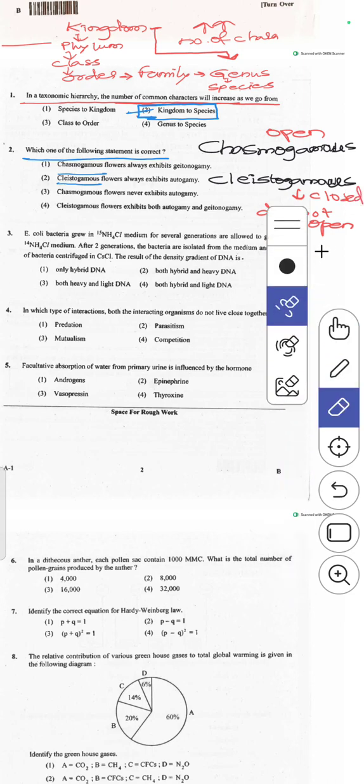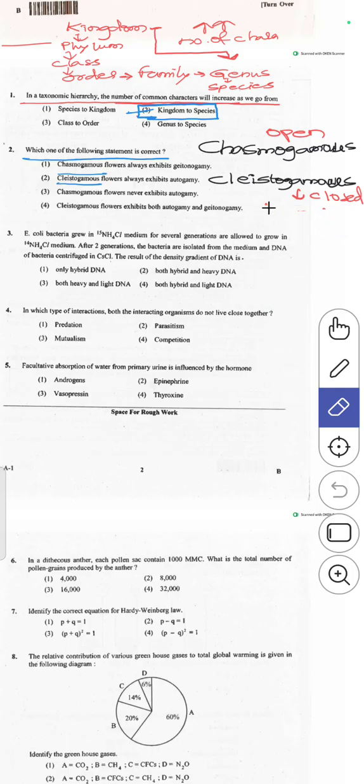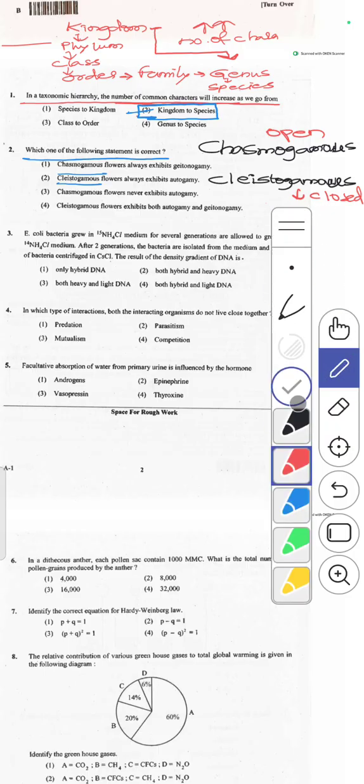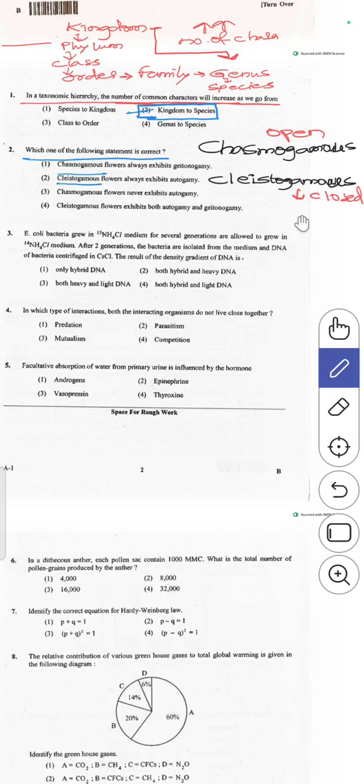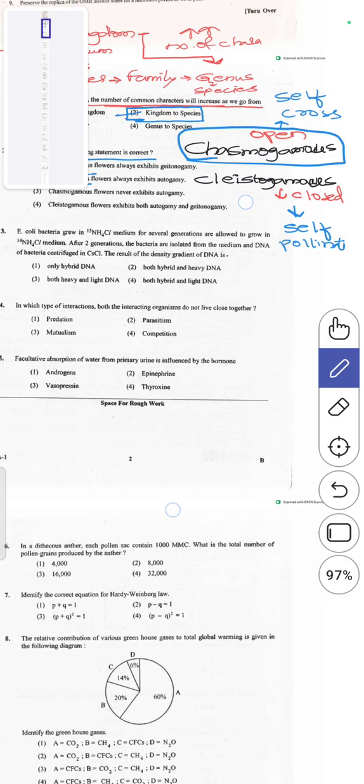Let's write it as closed so that it will be easy for you to understand. So if the flower is open, then this chasmogamous can undergo self pollination or cross pollination. But if the flower is closed, it can only undergo self pollination.